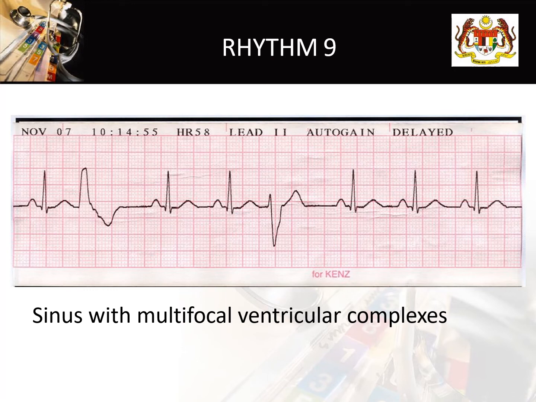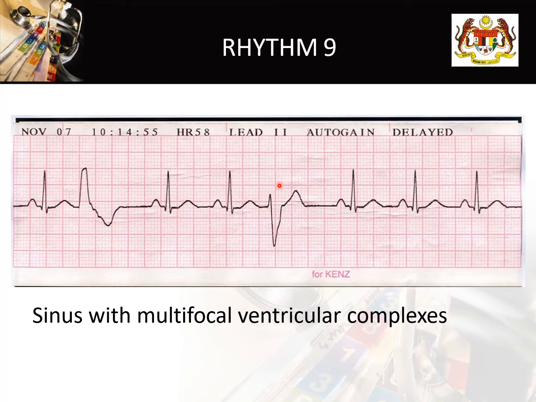Okay, next is sinus with multifocal ventricular complex. This rhythm is slightly different compared to the previous unifocal ventricular complex. As you can see from the ECG, you can see abnormal QRS complexes, but with different morphology.